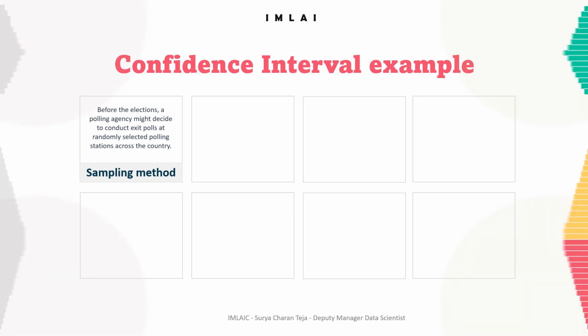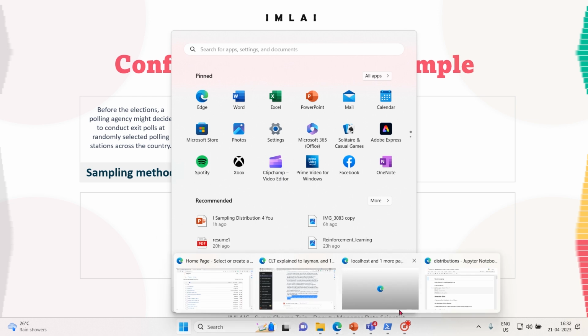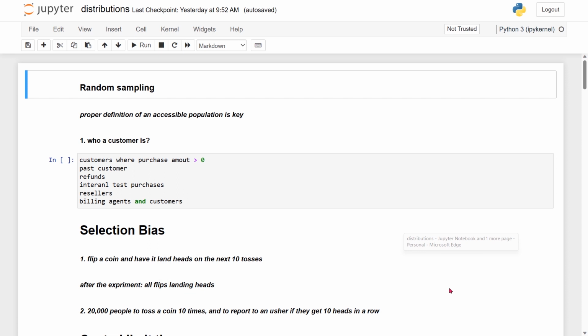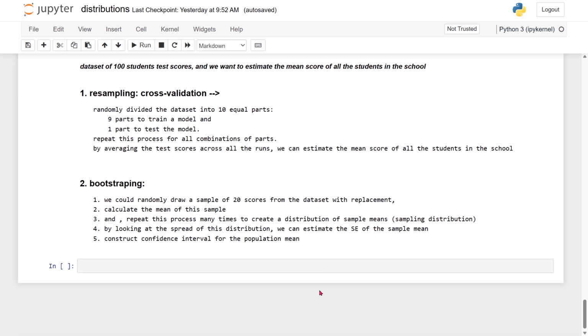They might randomly select a certain number of voters from each polling station to ask them which party they voted for. This process of randomly selecting polling stations and voters is called sampling. They could go for cluster sampling. If you are not sure about what is cluster sampling, then I can't help you. Kindly watch my video and come here.